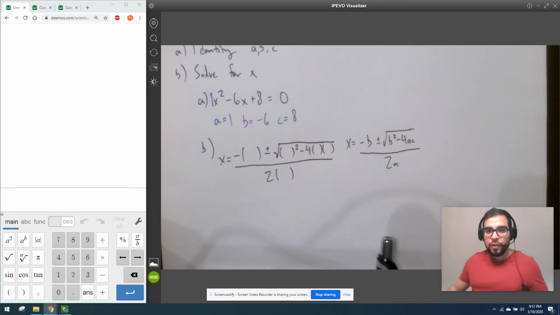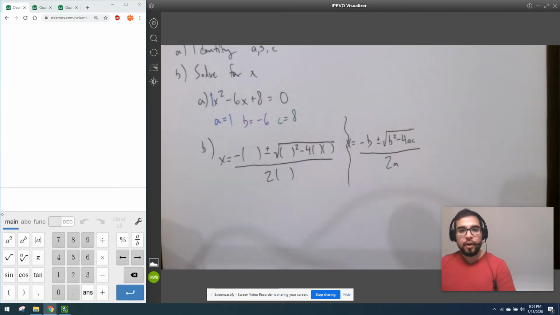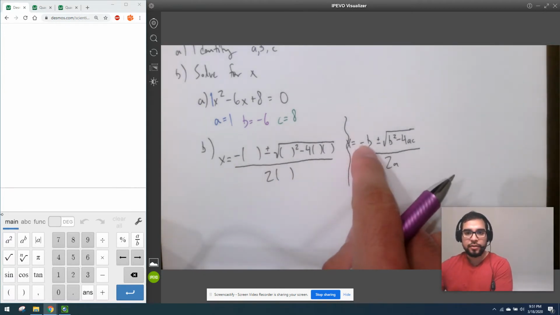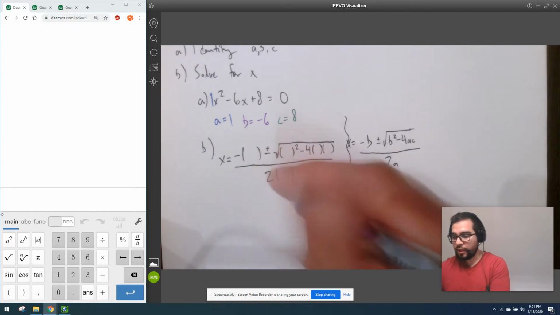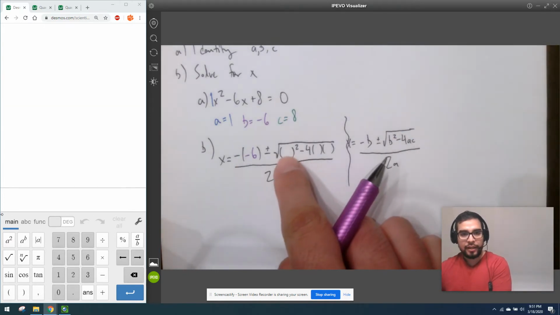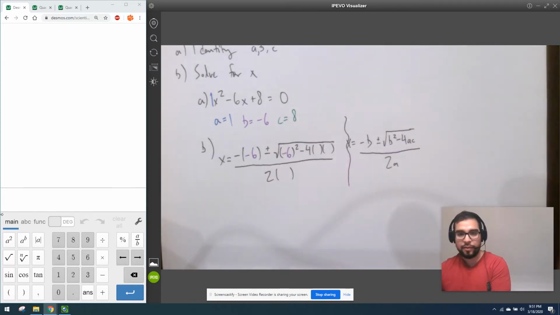If I draw a line to separate my work, over here I have this first parentheses, the opposite of whatever. In this case, it's going to be b. So my b is -6, and -6 goes in there. And in here, this squared is also my b, which is -6. I'm going to put that right in there.